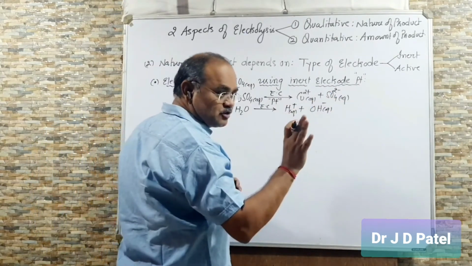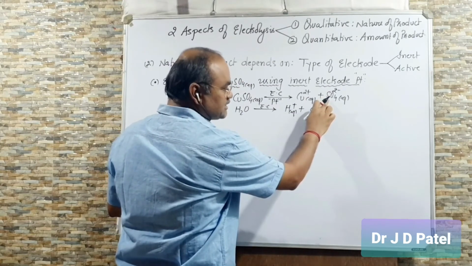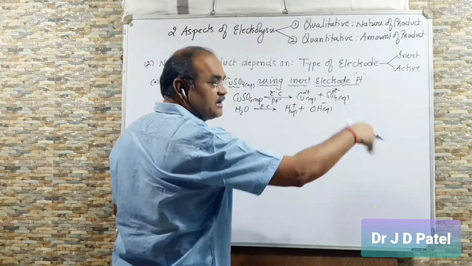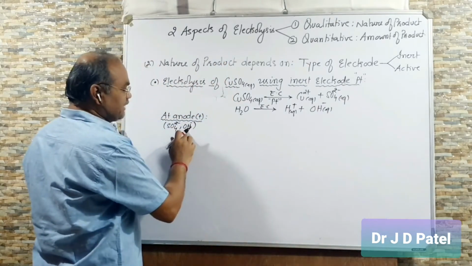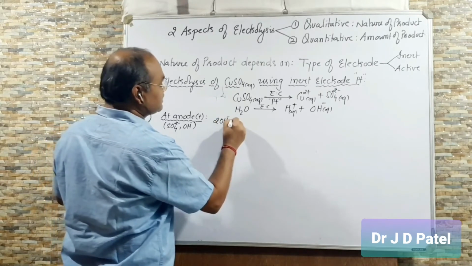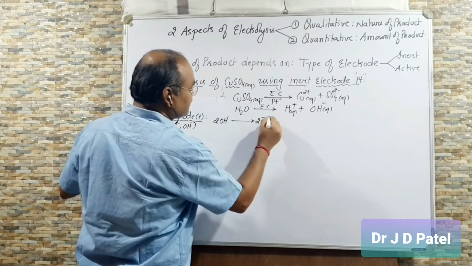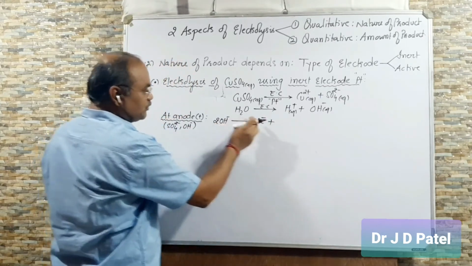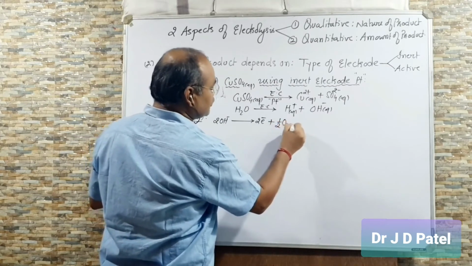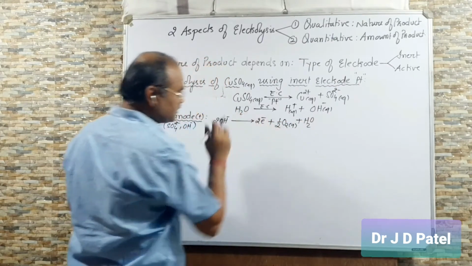Here overvoltage is not possible. One more point, oxidation number of sulfur is +6, and further you cannot oxidize sulfur to +8 or +10. So OH minus will undergo oxidation, and we know the equation. 2OH minus on oxidation loses 2 electrons, and it will be converted to half O2 gas plus water. So this is our product.